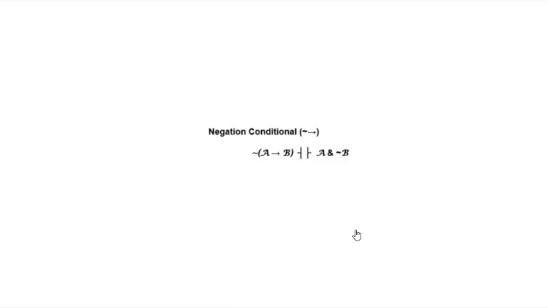Negation conditional, again, familiar from the tree rules. It tells us that it's not the case that if A, then B is logically equivalent to A and not B. This was one of the fun ones to prove. Requires a little bit of creativity, but still relatively straightforward.